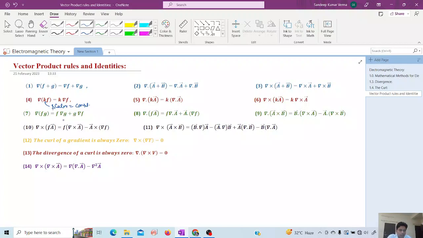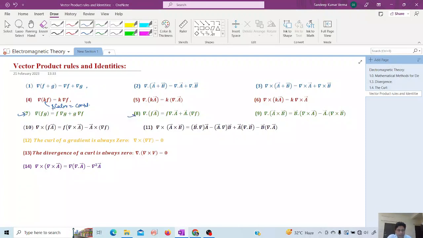Now from here, identities 7, 8, 9, 10, 11 are important. The gradient of a product of two scalar quantities f and g can be written as f gradient of g plus g gradient of f.